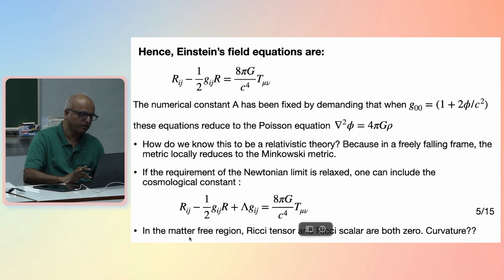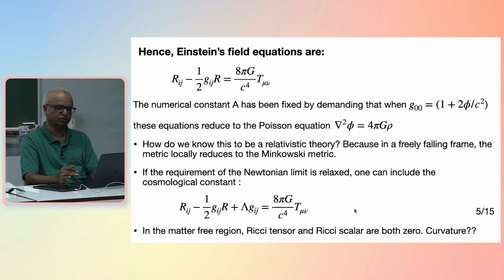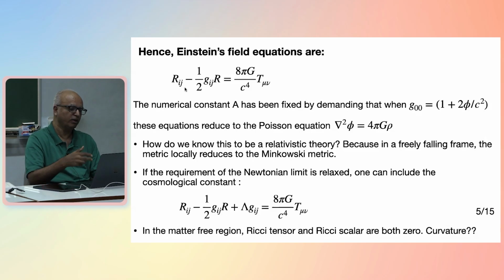In the matter-free region, the Ricci tensor and Ricci scalar are both 0. Suppose you put T mu nu here, forget lambda for now. If you put T mu nu as 0, the left hand side is 0, make a contraction. R_ij contracted will become R, G_ij contracted gives 4 times the delta function, so 4 by 2, 2, so R is 0.